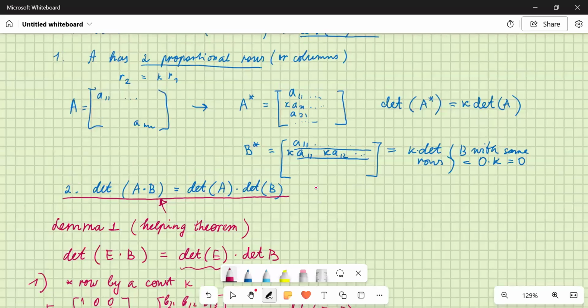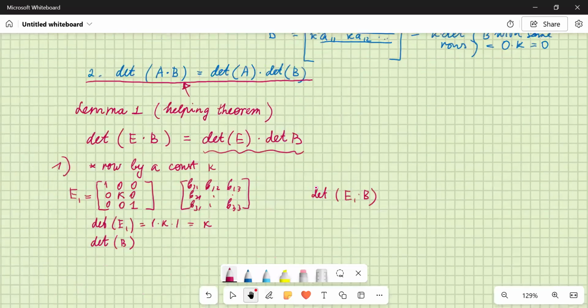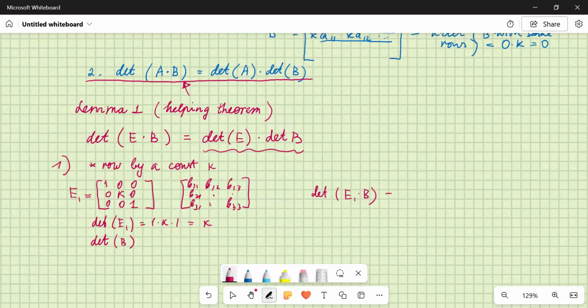If you multiply one row by k, you multiply the whole determinant by k. So the determinant of this matrix is going to be k times the determinant of B. Again, why does it happen? Because of this matrix multiplication, you can literally check it. Just multiply this matrix by B, and you're going to figure out that the product is just row number 2 multiplied by k.